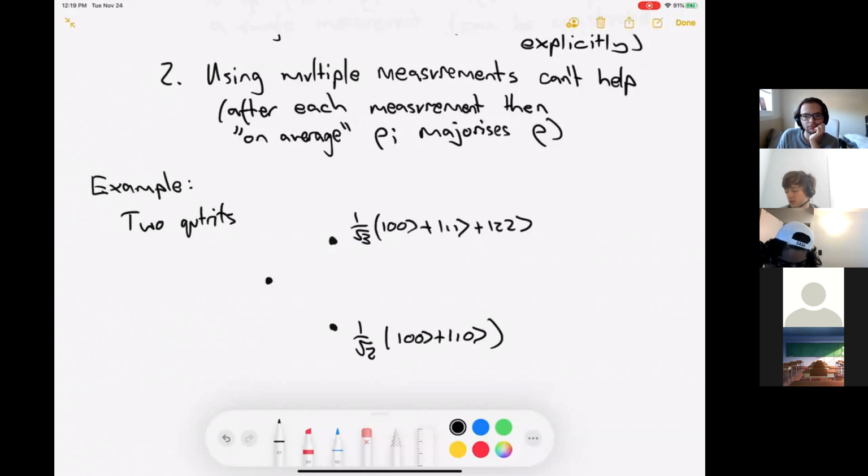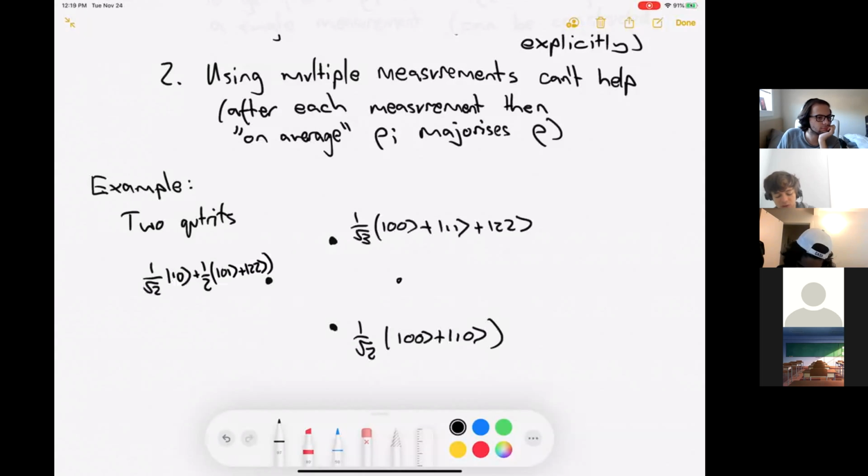Going to have another state, which is going to be, again, an entangled state, but not maximally entangled. So I just made it this plus something like this, say.